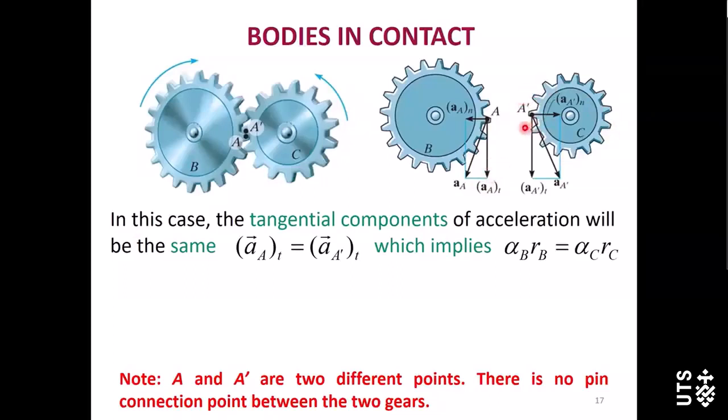For A prime, its acceleration also has two components. One is the normal component, direction from A prime to the circle center of gear C, and another one is a tangential component. For this tangential component, AAT and AA prime T, these two should be the same.